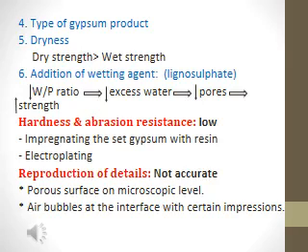Another reason, air bubbles can be entrapped at the interface with certain impression materials, like certain silicone impression materials. These entrapped air bubbles are due to the poor wettability of these types of impression by the gypsum products.